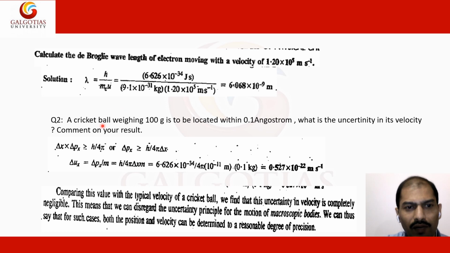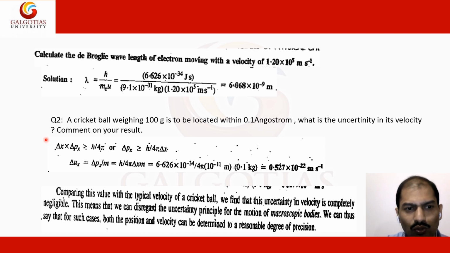Similarly, if you want to check the Heisenberg uncertainty principle, there is one more example. A cricket ball, having a weight of 100 gram, is to be located within 0.1 angstrom. What is the uncertainty in velocity, and you have to comment on this. Here you know this is the position and momentum relationship as per the Heisenberg uncertainty principle.